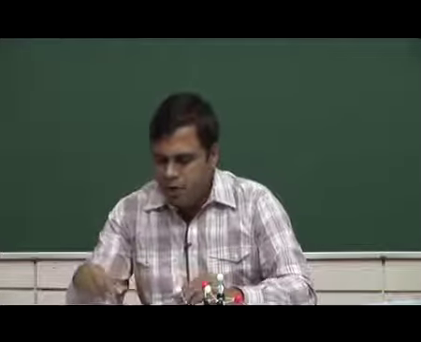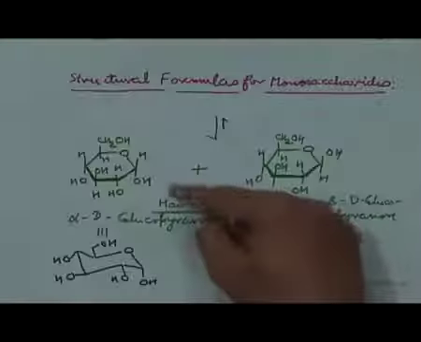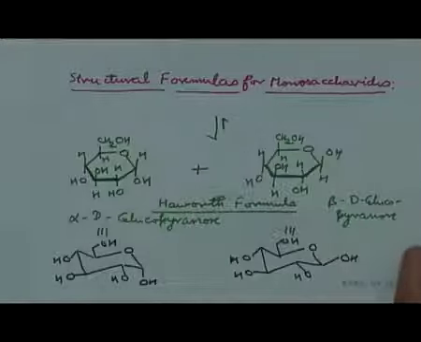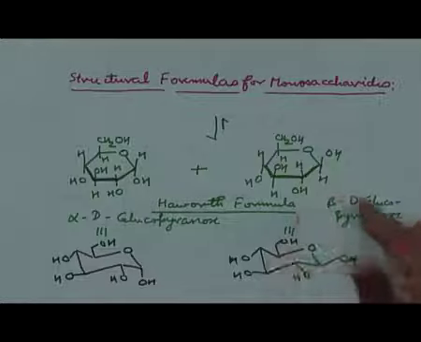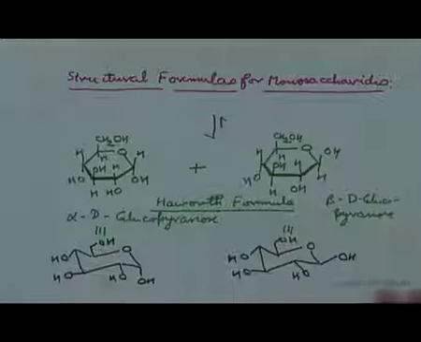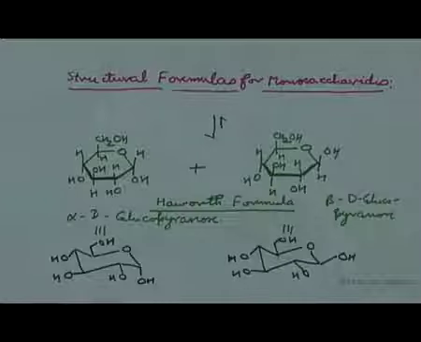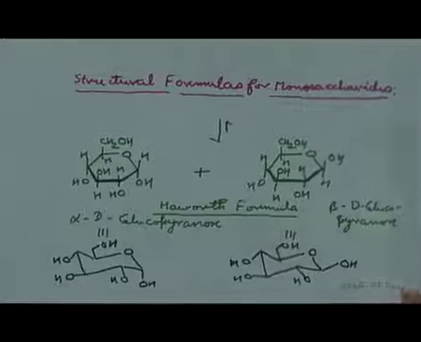And based on the sugar, particularly we started with the glucose. So here alpha D glucopyranose and beta D glucopyranose, these are the two cyclic structures possible.